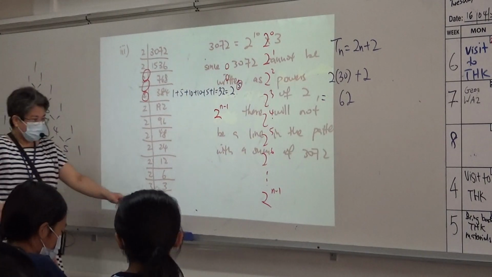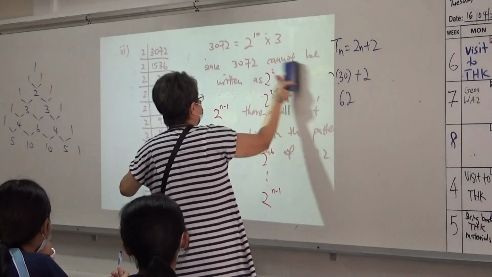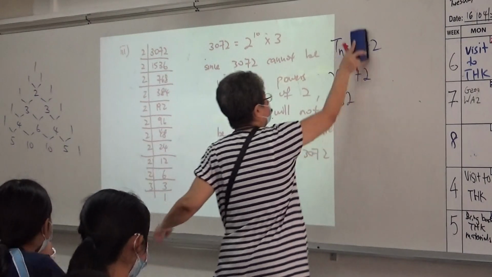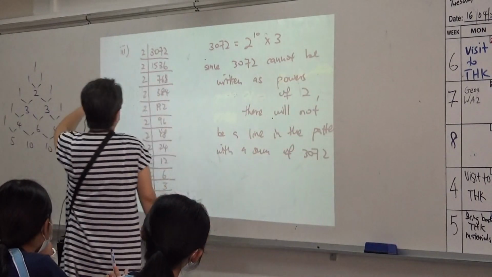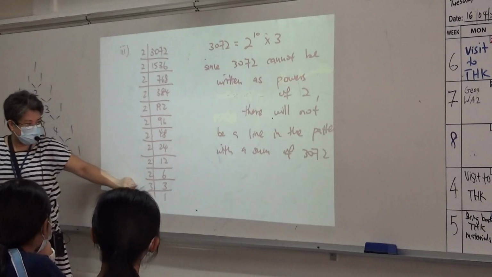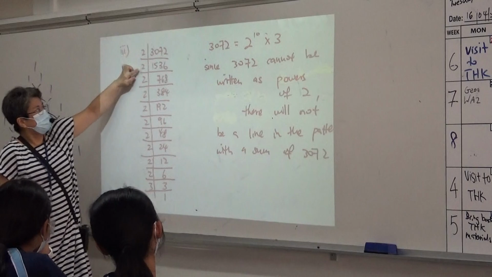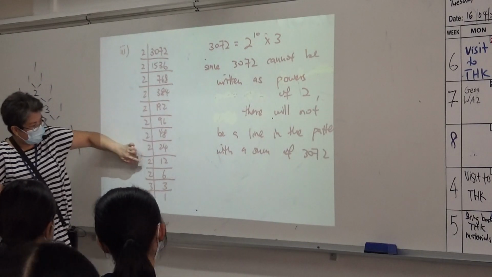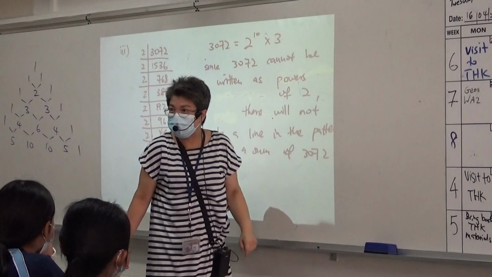Now, remember we did prime factorization? Yes or no? Okay, now all of you look at the prime factorization of 3072. I will do all the way until here I get what? 3. How many 2s? 1, 2, 3, 4, 5, 6, 7, 8, 9, 10. So this one can be written as 2 to the power of 10 times 3, right?